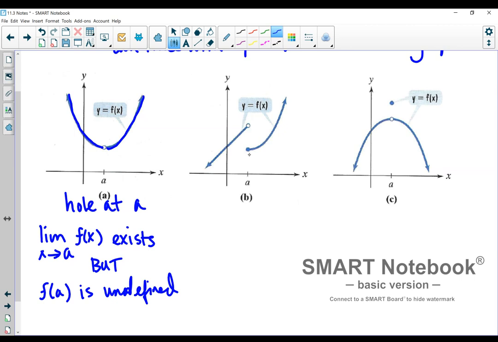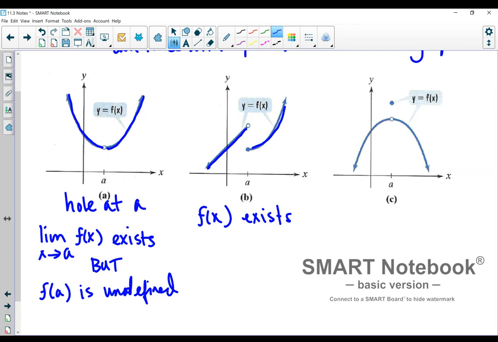So the second one, my function is defined all the way through, right? I don't have any issues. I can find f of a. F of a exists, but in this case, my limit doesn't exist, does it? Because when I'm going to the left, it's going to be this number. When I'm going from the right, it's going to be that number.